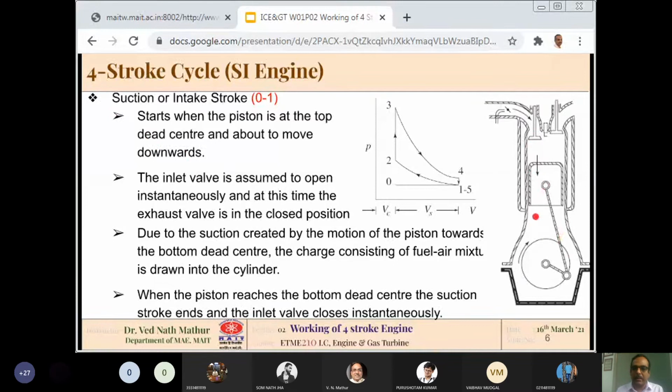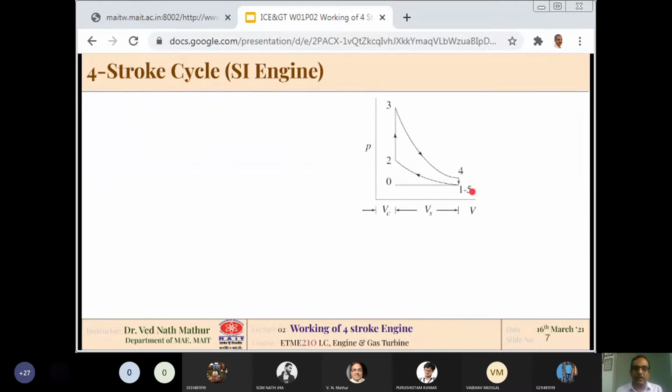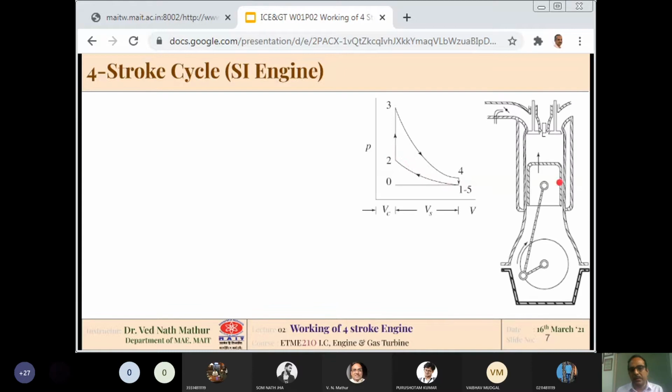Now when the piston is at the bottom dead center position, the direction of motion changes because of the rotation of the crankshaft, and the suction has already taken place, 0 to 1. So the next step is compression of the charge. So 1 to 2 is the compression stroke. So what happens in the compression stroke?